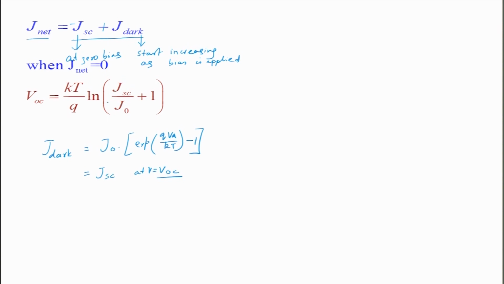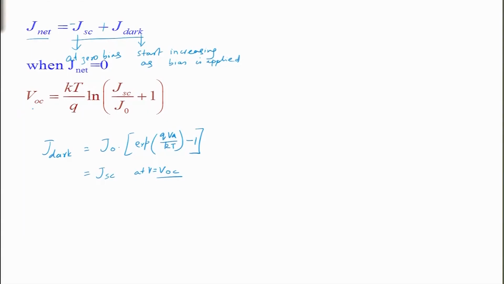So, if you have defects in the semiconductor, if you have recombination in the semiconductor, if you have anything which leads to higher recombination current or dark current, in that case your VOC will go down, and if you are able to increase the short circuit current, your VOC will slightly go up. Of course, it varies as a logarithmic function. So, the increase is not as much as you would see in case of current, but still there is an impact in certain terms on the open circuit voltage.